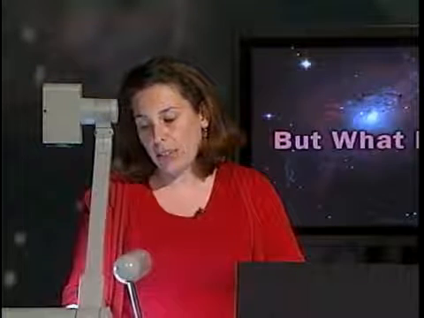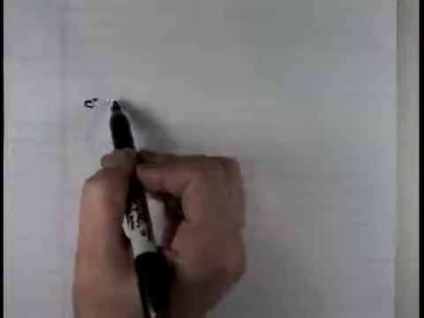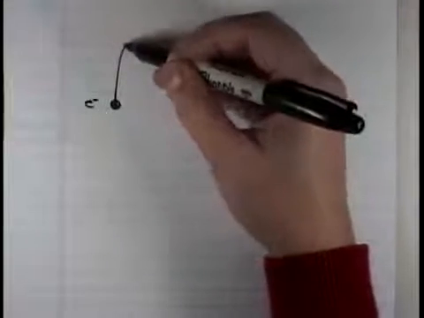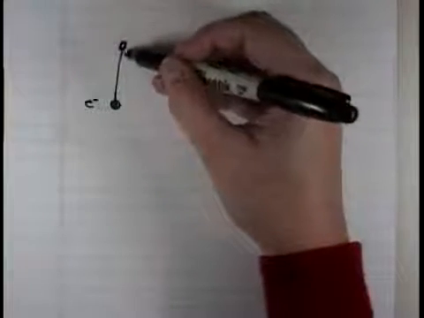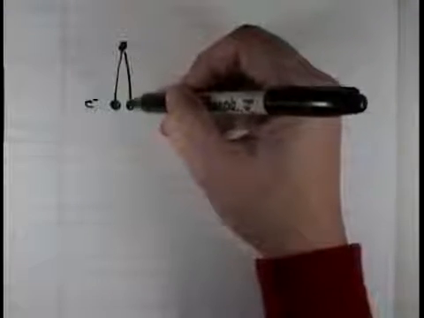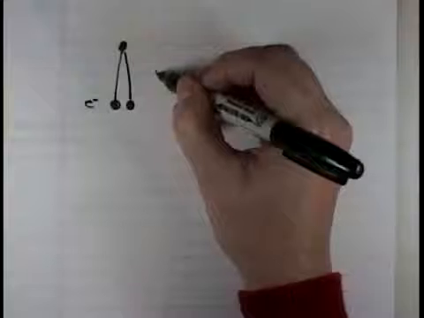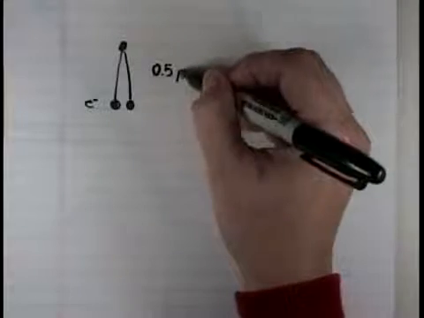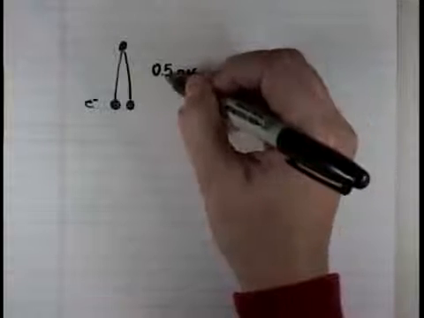So let's say I have an electron here, and it's being accelerated, and it goes up, and then it comes back down, and it takes, for example, half a second to go up and down.